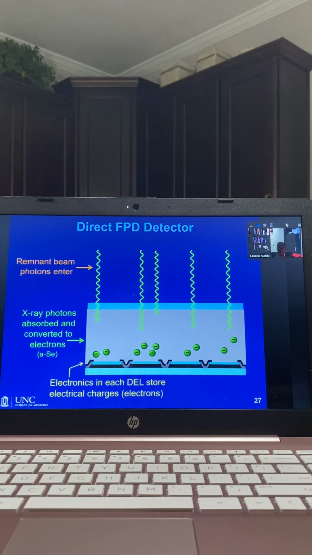This is a DEL, this is a DEL, DEL. So what happens is that those electrons will migrate to the little capacitor area, and they will remain there until it's time for them to leave the flat panel detector.